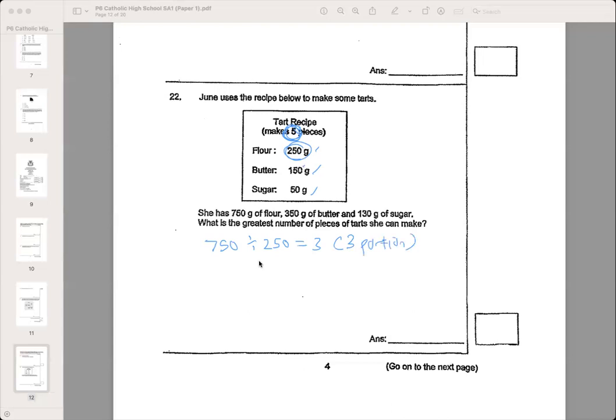Butter. She has 350 grams. How many portions of butter can she have? 350 divided by 150, we get 2 remainder 50. So you only get 2 portions.